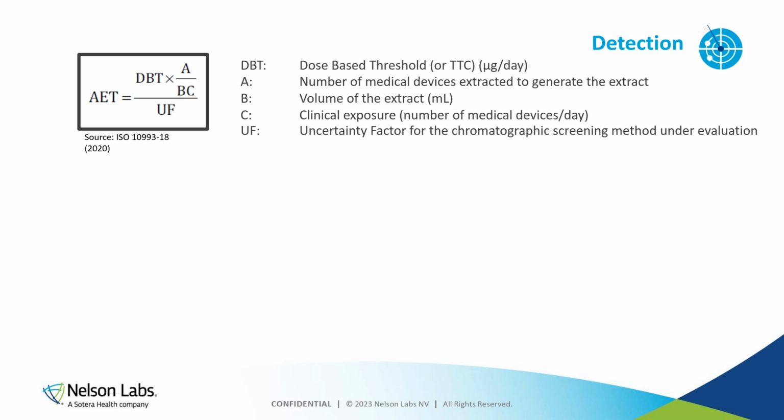Now, here you can see the formula from the ISO 10993-18 standard. The AET is expressed in micrograms per milliliter. It's a concentration-based threshold, and it is calculated from a dose-based threshold or threshold of toxicological concern.